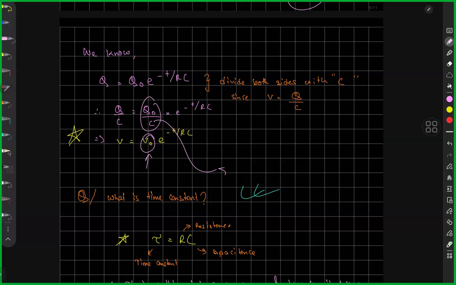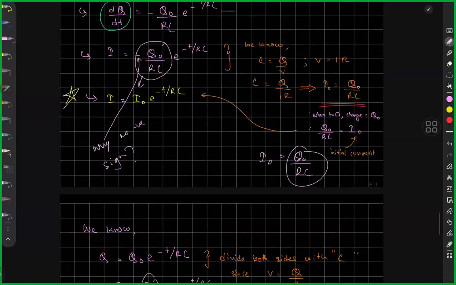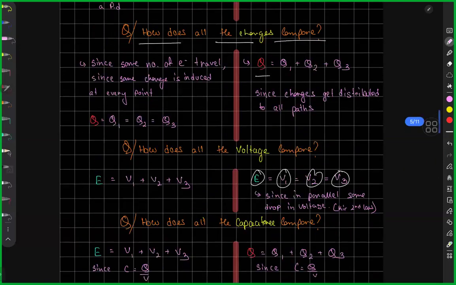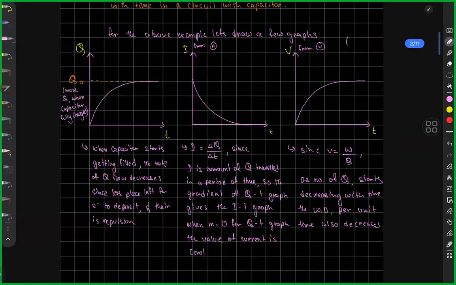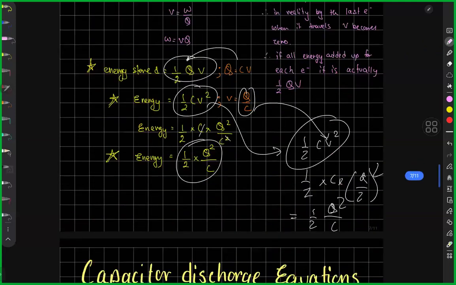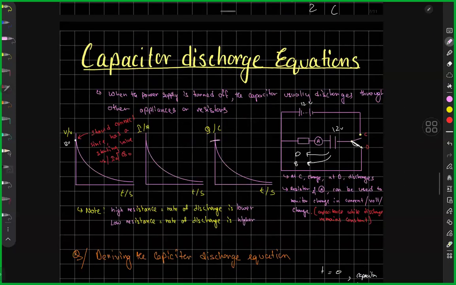Because when you have the maximum amount of charge, what does that mean? The voltage across is maximum, right? Because we saw initially how charge and voltage vary. If I give you a bit of a glimpse again: when charge is maximum, voltage is also maximum, right?